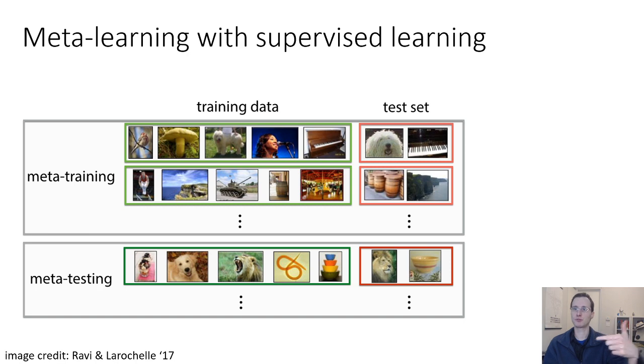So maybe your first meta-training task is birds versus mushrooms versus dogs versus people versus pianos, and the corresponding test set has a couple of images corresponding to these classes. And then your second meta-training task is gymnasts, landscapes, tanks, barrels, and carnivals, right?